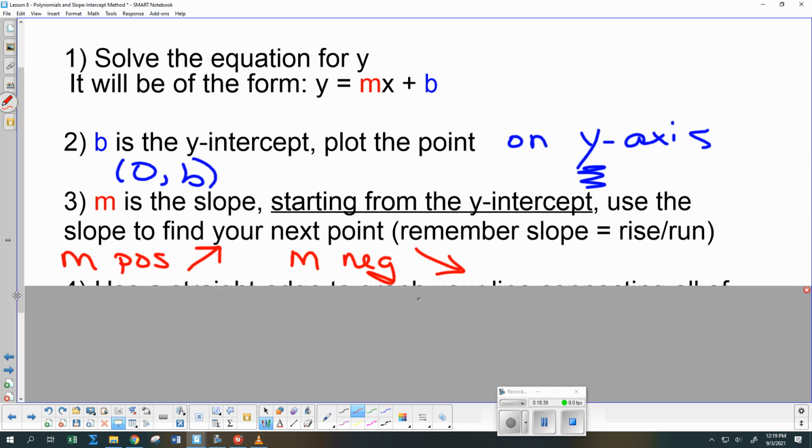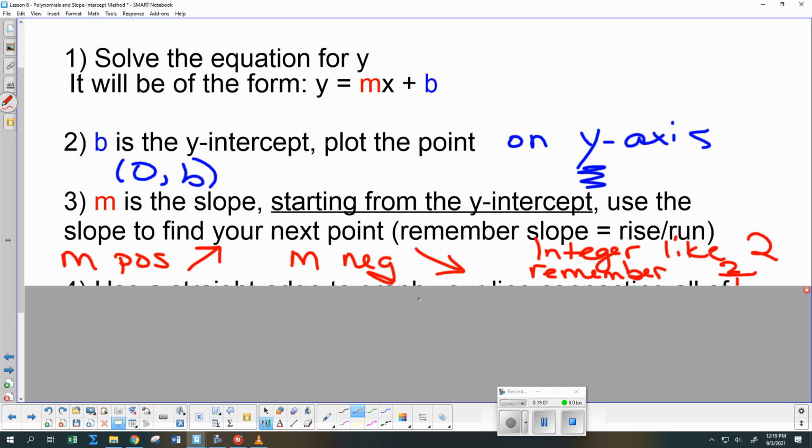If it is an integer, like 2, remember that is 2 over 1. Go up and down 2 and across 1. Not up and down 2 and across 2.